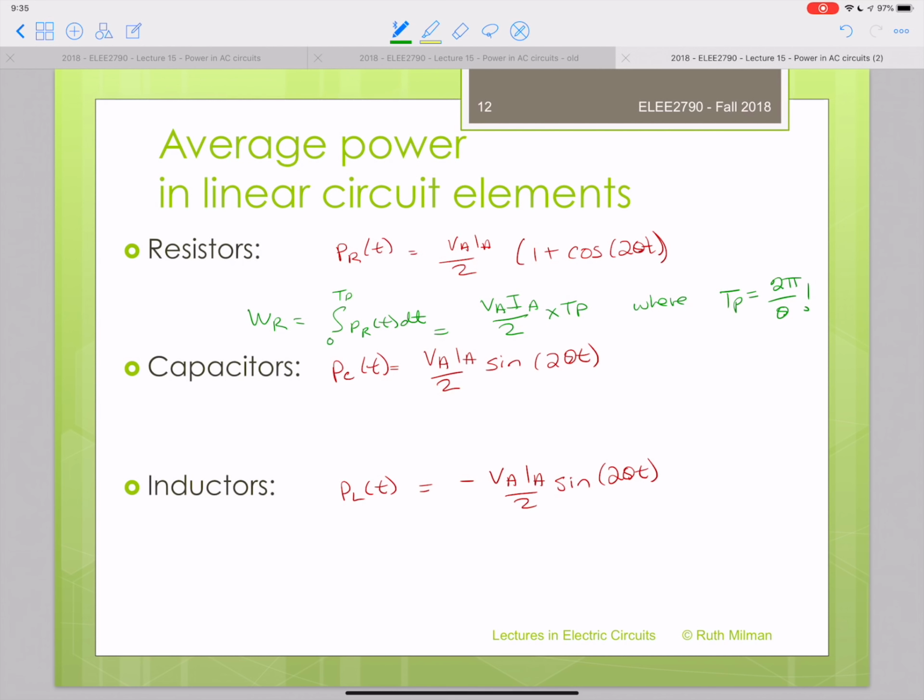On the capacitor and inductor, on the other hand, if you look at the work and you take those integrals, you have something that's perfectly symmetrical, and in both cases, that integral simply gives us a value of 0.